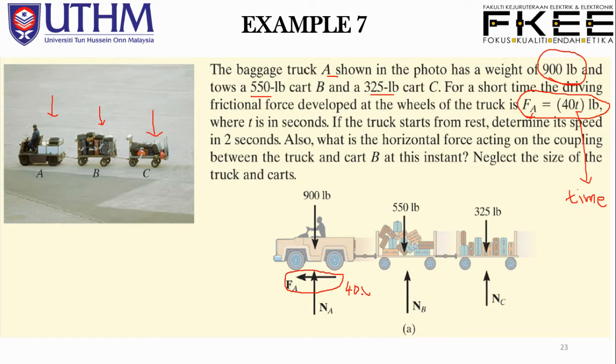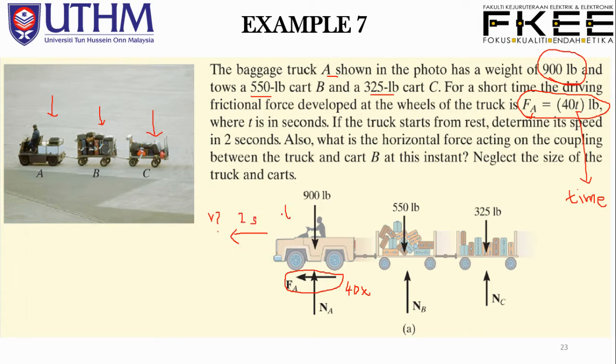Again, t stands for time, where t is in seconds. If the truck starts from rest, determine its speed in 2 seconds. Okay, from rest, so we have to determine the speed of the truck after 2 seconds.